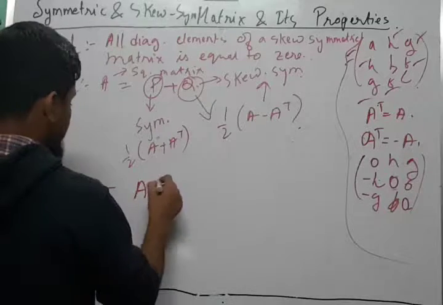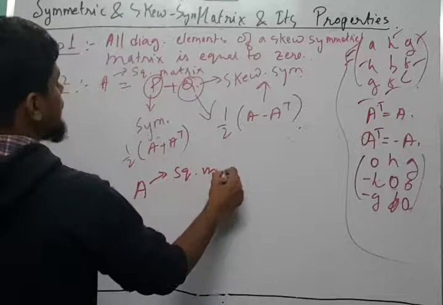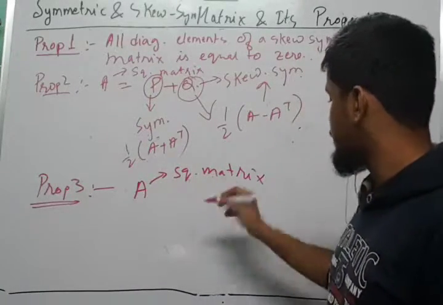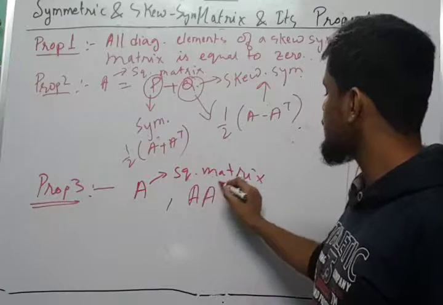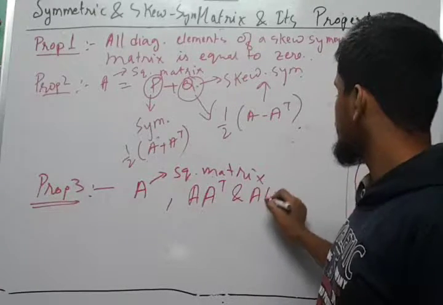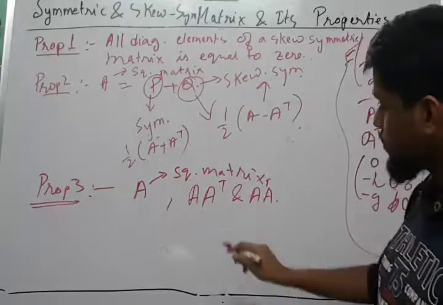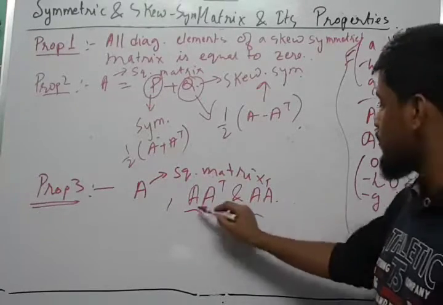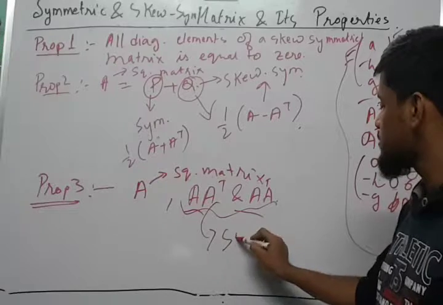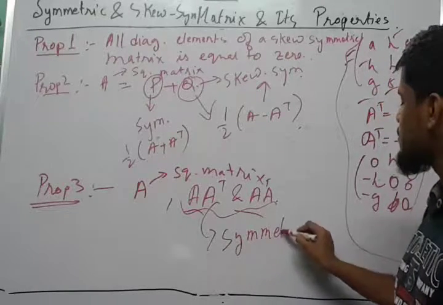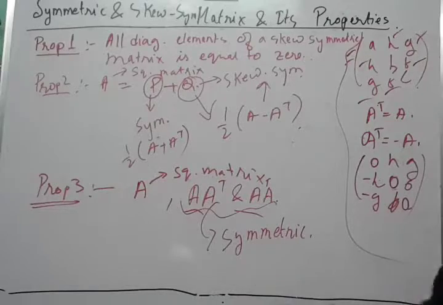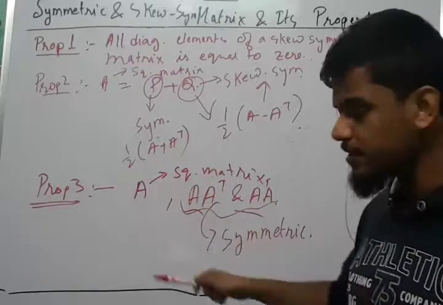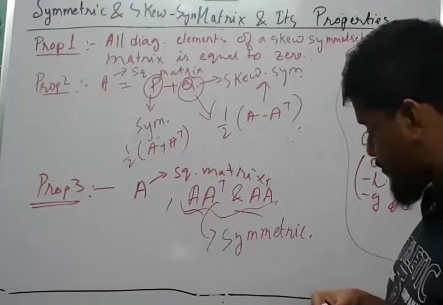If A is a square matrix, then we have the matrices A into A transpose and also the matrix A transpose A. Both of these matrices, A into A transpose and A transpose A, are symmetric. So this is the third property. Basically, if A is a square matrix, then these two matrices are symmetric. So this is the third property.